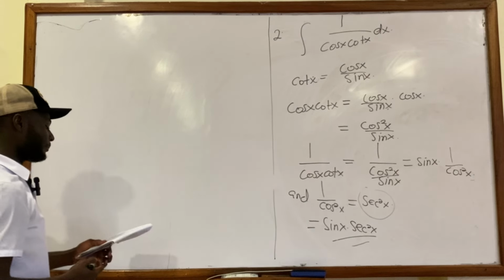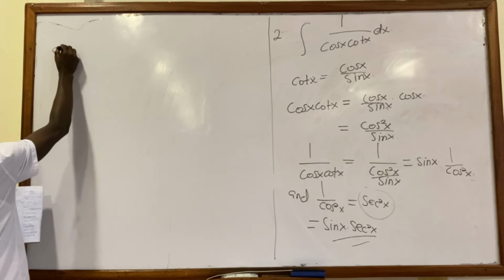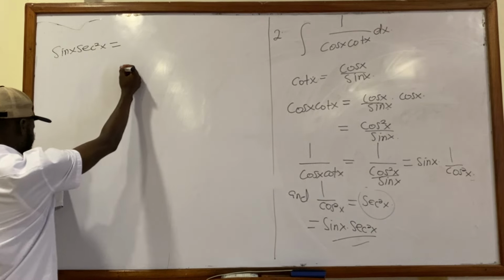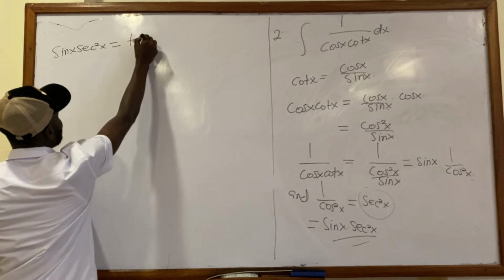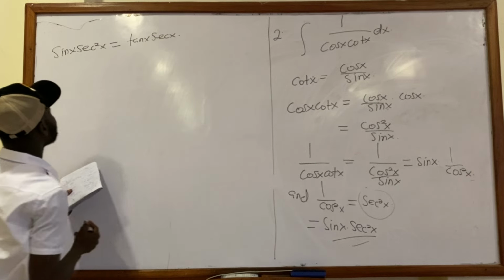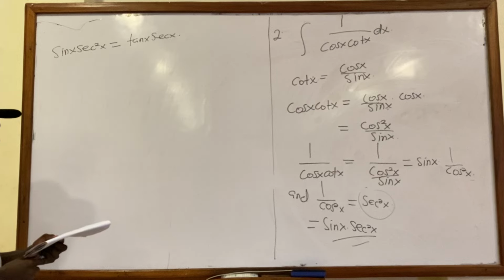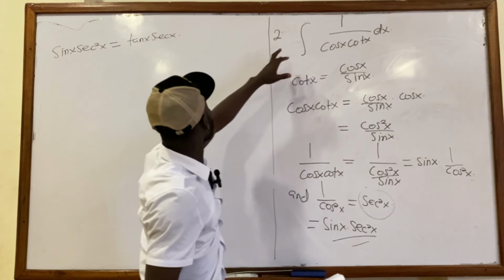So now this implies that sin s sec squared s is equal to tan s sec s. So now you can find the integral of this particular function.